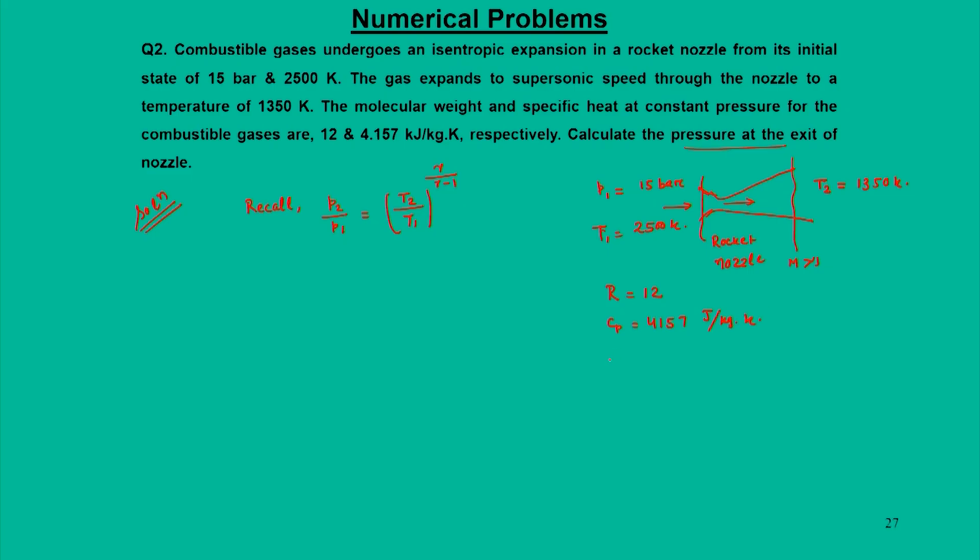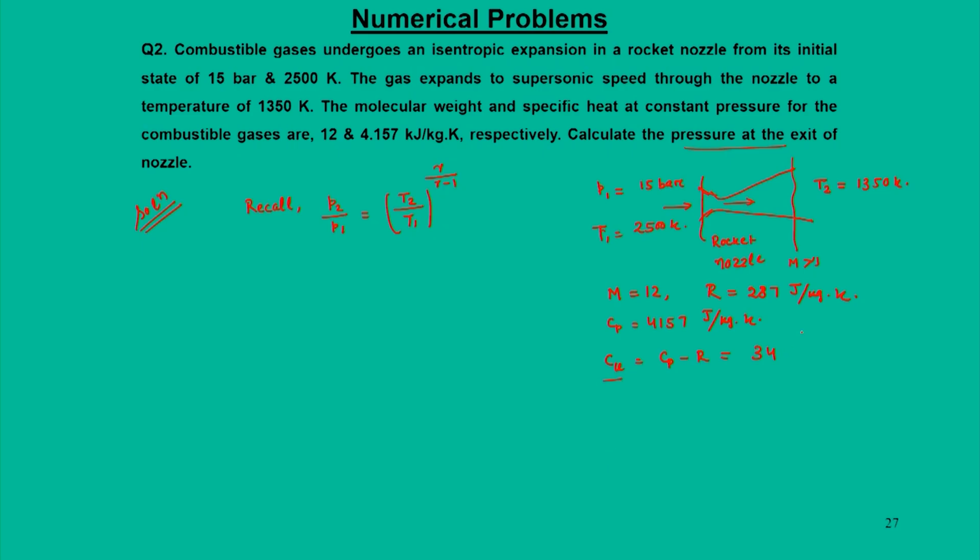So, we can find out Cv as Cp minus R, where R can be treated as 287 joule per kg Kelvin, the gas constant.